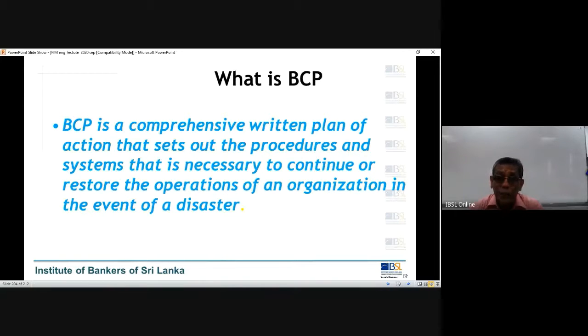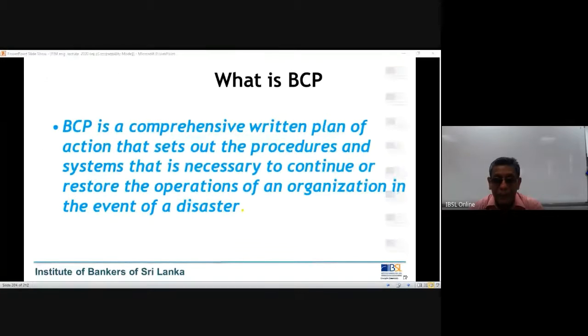So you need to explain what is BCP and some of the actions taken by the banks to bring your business back to normal. What are the strategies you use? Think of your own bank and come up with some ideas. I hope you understood now.